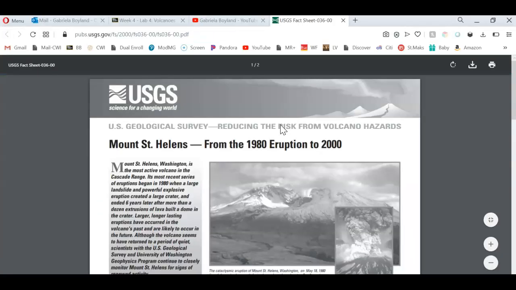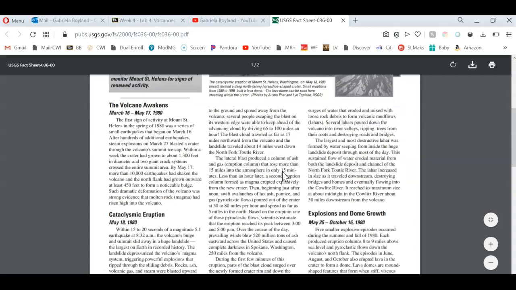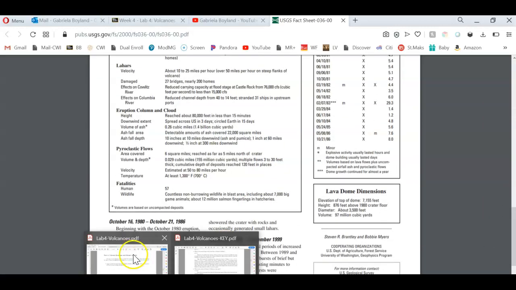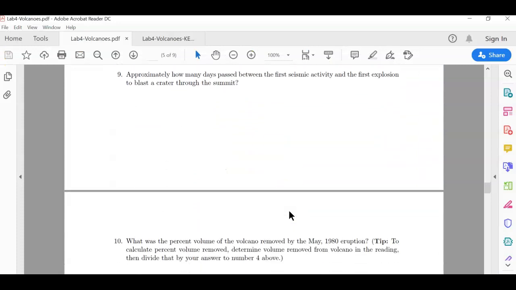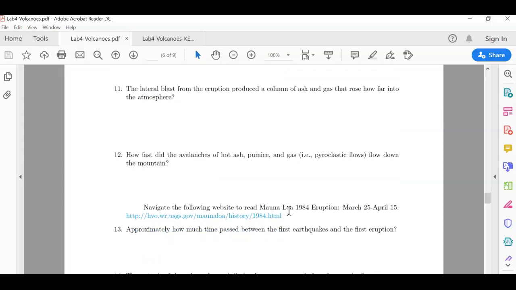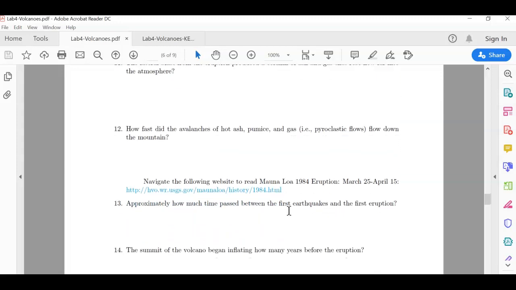So you can go to that. So here's the fact sheet, read through it, and then you'll be able to answer the following questions. Questions 9, 10, 11, and 12 should pretty much be all on that fact sheet, the answers to them.